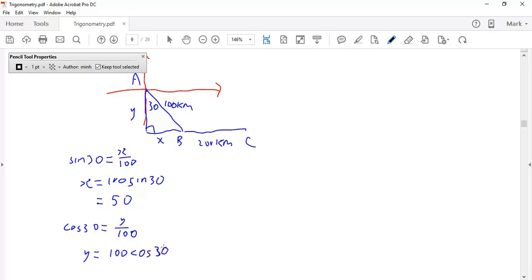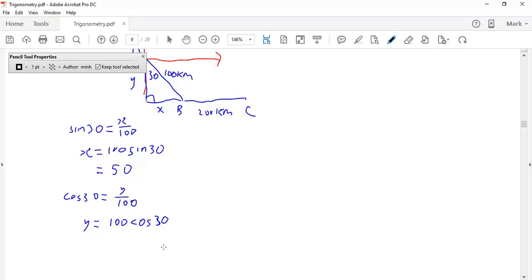And we know cos 30 is root 3 over 2. So 100 divided by 2 is 50, so it's just 50 root 3.